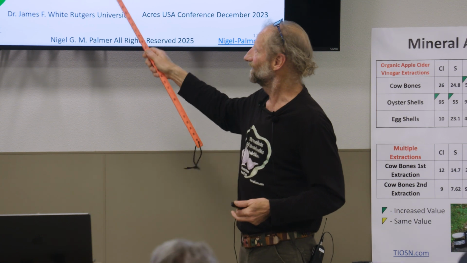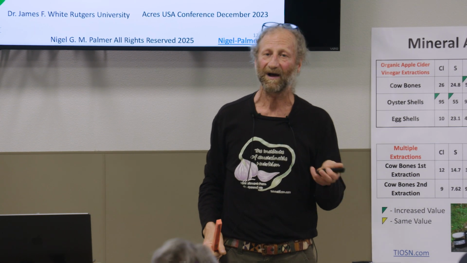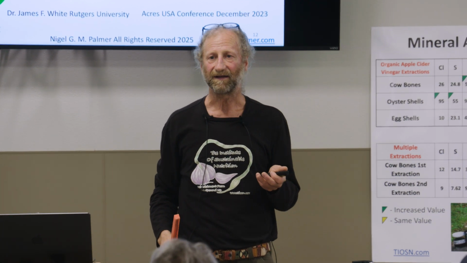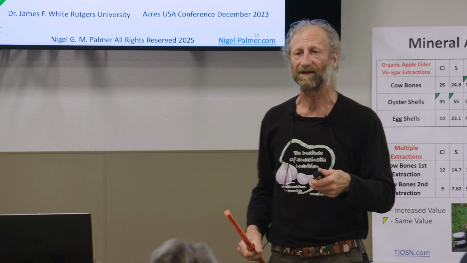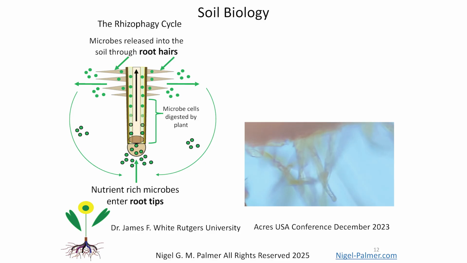And then that bacteria is reintroduced through the root tip and then is digested by the plant. The plant actually emits superoxide into that environment, digests the outer cell of the bacteria, and then it is absorbed into the plant itself through the root.